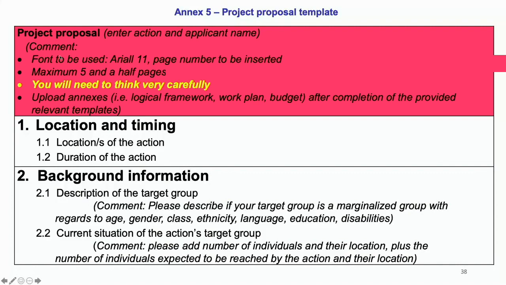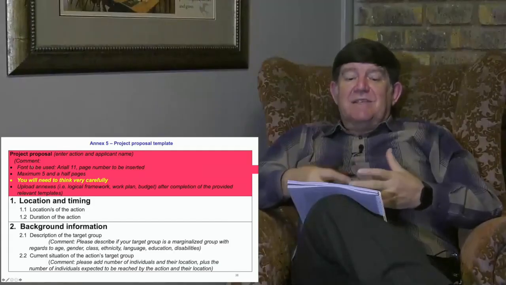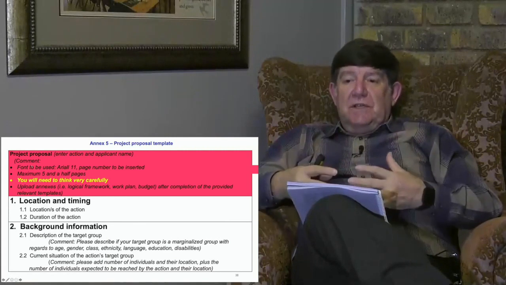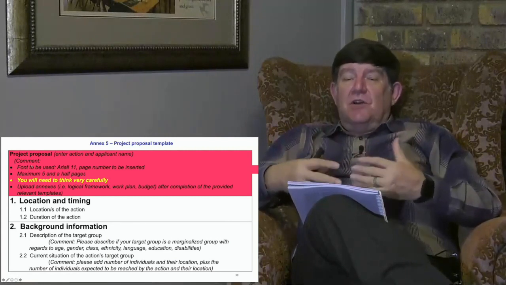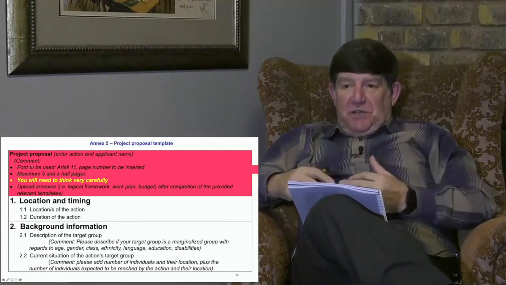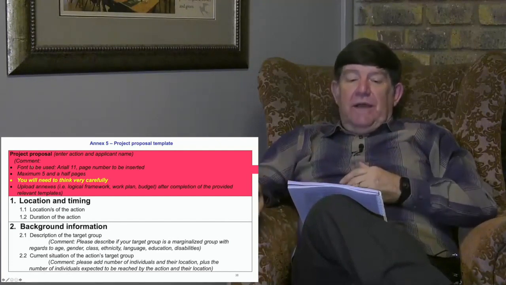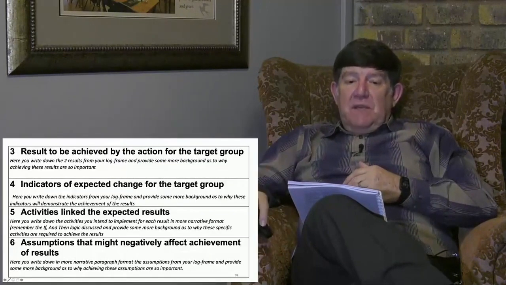This is where you refer back to your log frame. This is the problematic or challenging situation we defined, and this is how we're going to develop the solution, and this is how this situation is going to be improved at the end of this project. This is what we require in background section 2.